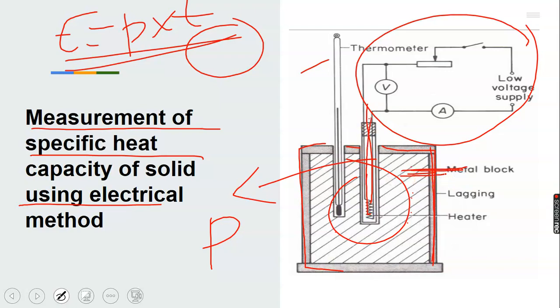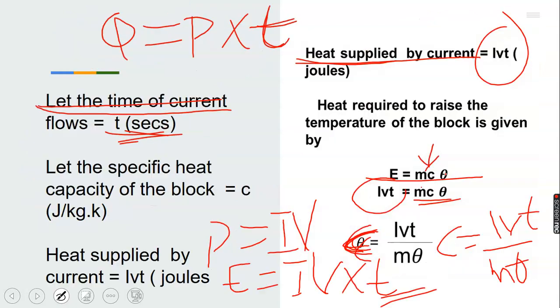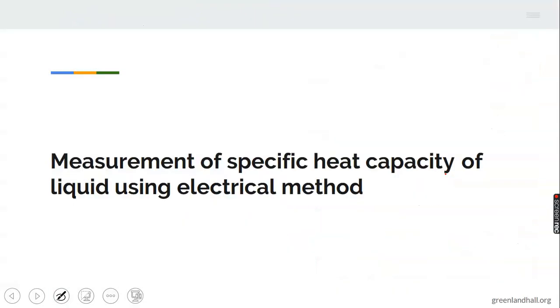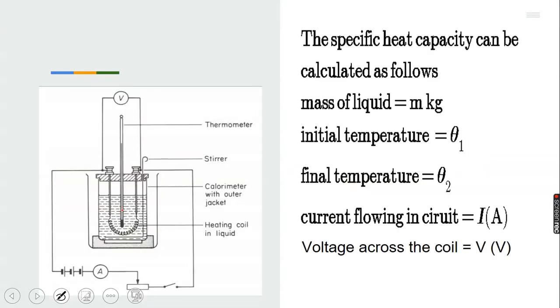Just like when you want to boil water, your stove will lose the heat while the water you are boiling is gaining the heat. That is that. And we can also measure the specific heat capacity of a liquid using the electrical method. We can find that just the same way. Now, the specific heat capacity can be calculated as follows.